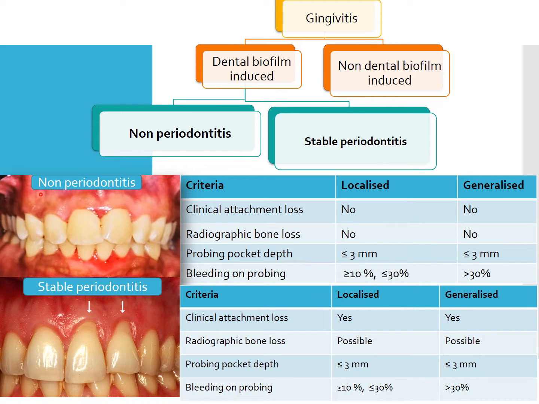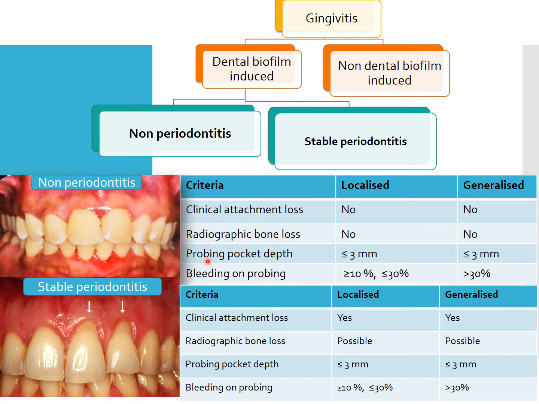So this is the first case, that is, the non-periodontitis case. There is no periodontitis, only gingivitis. In this case, it can be either localized or generalized. There won't be any clinical attachment loss, any loss of supporting structures, and you cannot see any radiographic bone loss also.